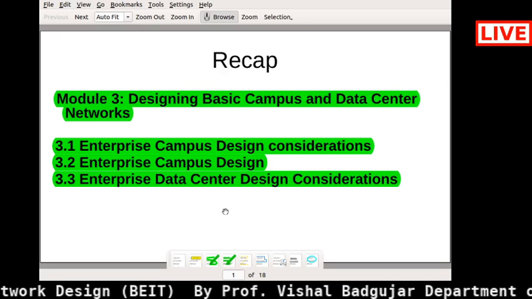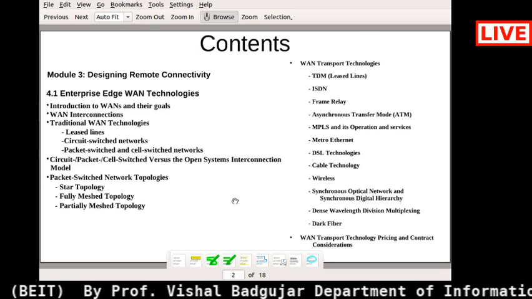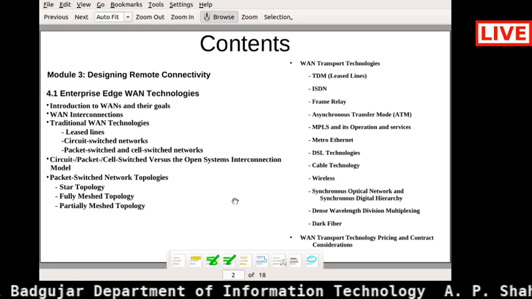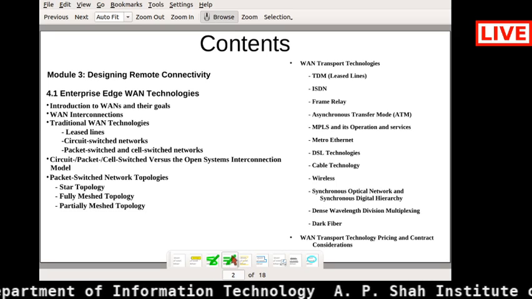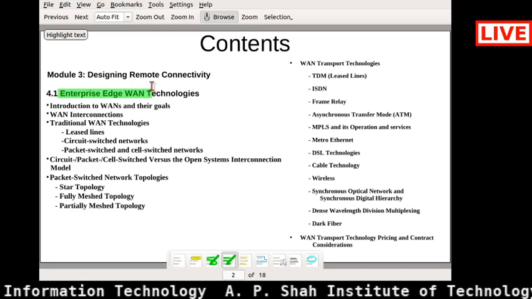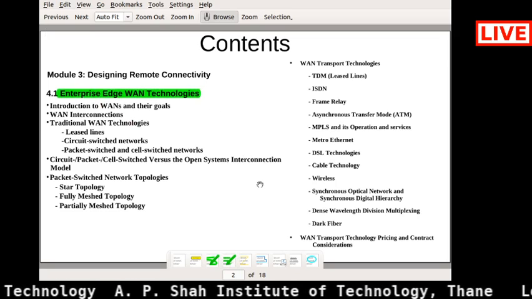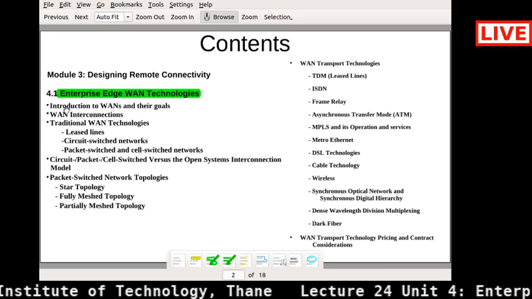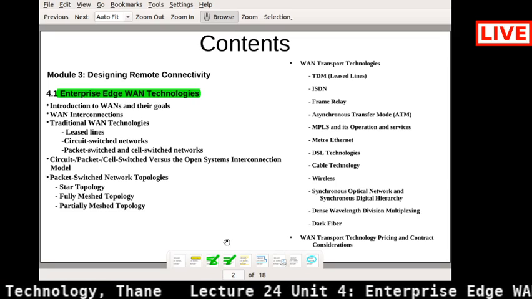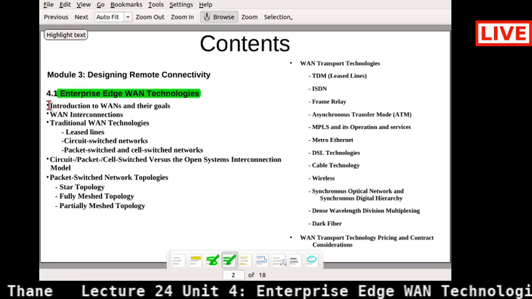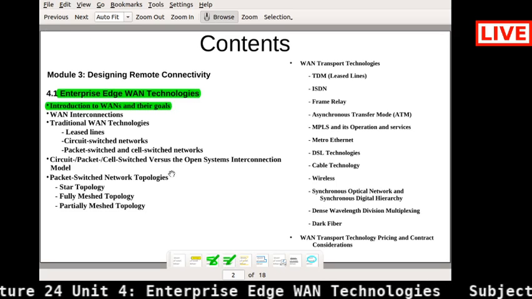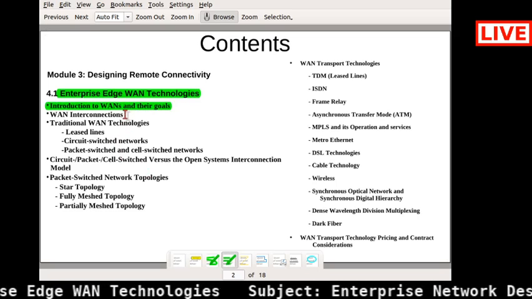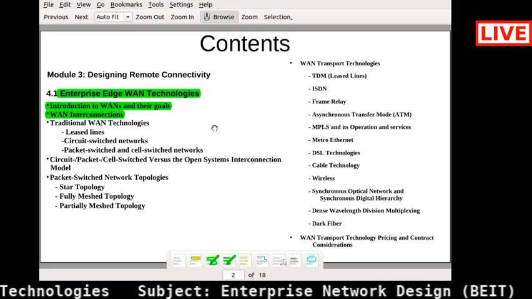In today's session, we will start with chapter number 4, that is, designing the remote connectivity. The first point is the enterprise edge WAN network, which we are going to study from today. We will go through what is meant by the WAN, what the different goals and objectives of this WAN network are, and how the WAN interconnections fit our enterprise architecture.